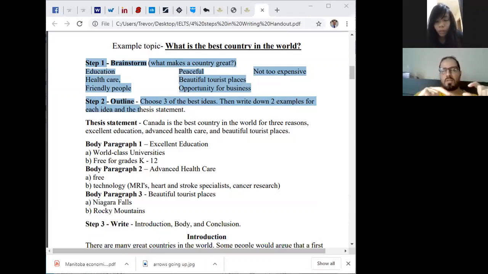So my question is, can we swap between the support sentence and the example, or should the construction be in order: first the topic sentence, then a support sentence to explain the topic sentence, and then the example, or can we put the example above?